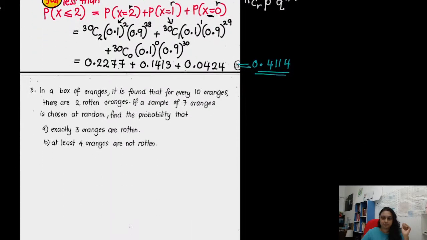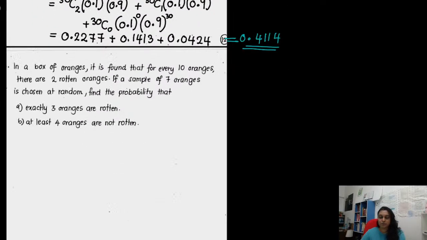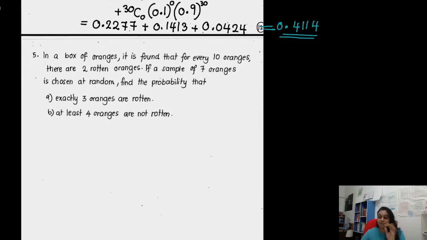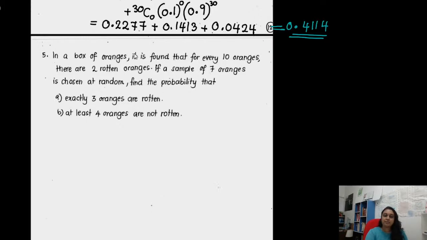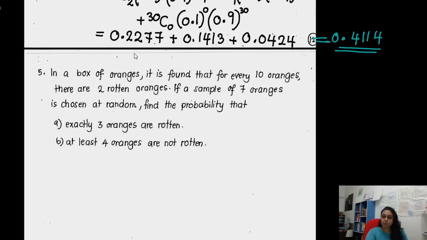Okay, let's try soalan 5. Use what we did just now. Follow like how we did just now. Okay. In a box of oranges, dalam satu kotak yang ada orange, it is found that for every 10 orange, untuk setiap 10 orange, there are 2 rotten orange.